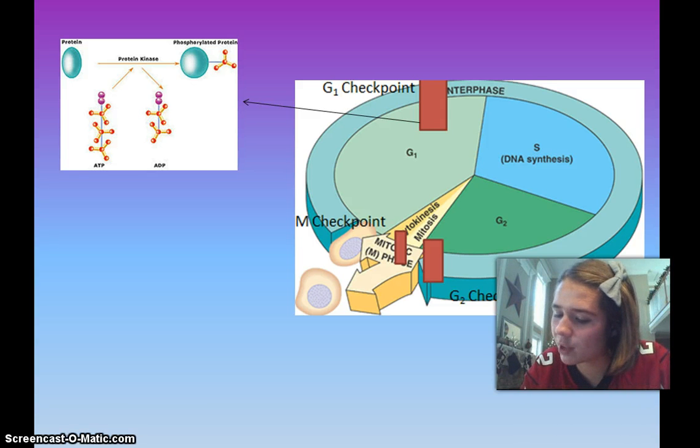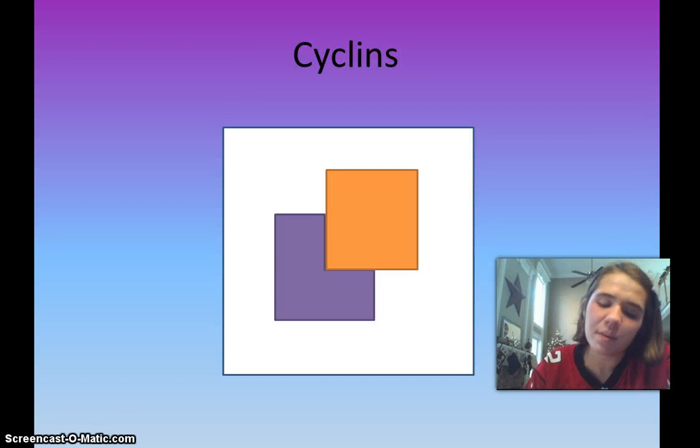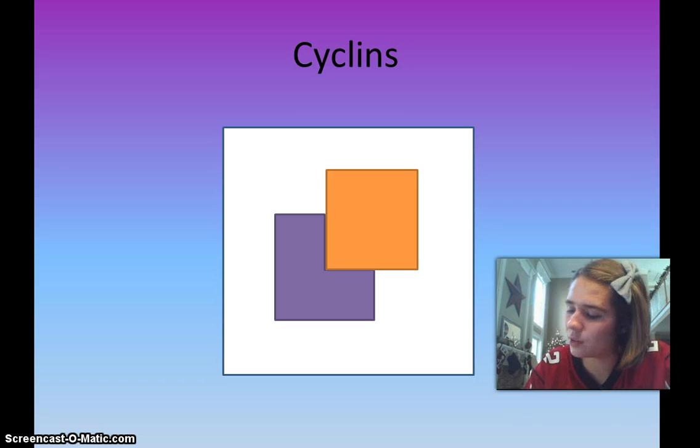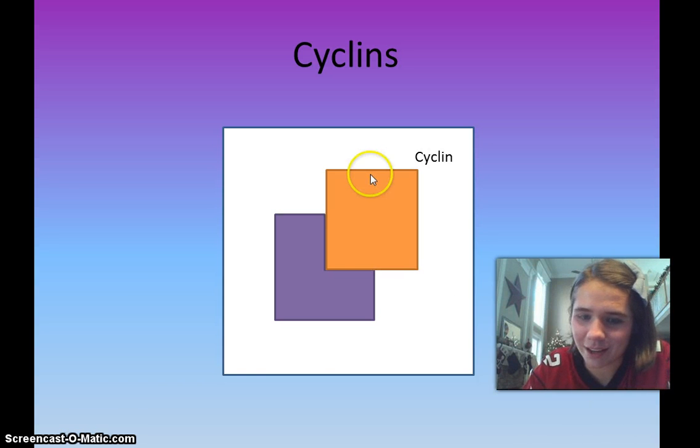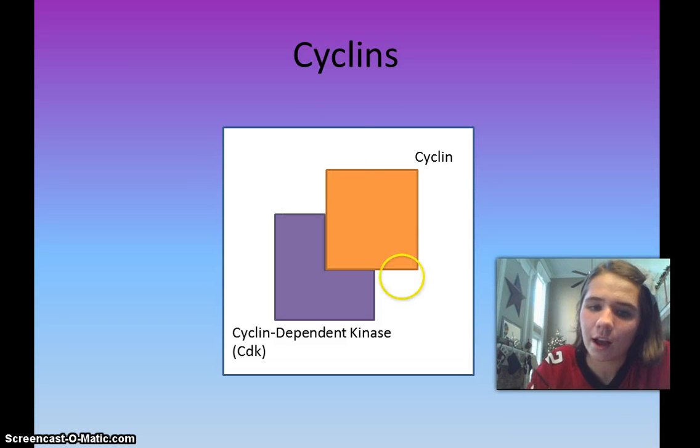The other type of molecule is called a cyclin, and cyclins are proteins that some kinases have to be attached to in order to be activated, in order to function. These kinases are called cyclin-dependent kinases, or CDKs. This is a diagram that I made, just demonstrating how a cyclin and a CDK fit together. This is the cyclin, this is the CDK, and the cyclin-dependent kinase can't operate until the cyclin is here with it.